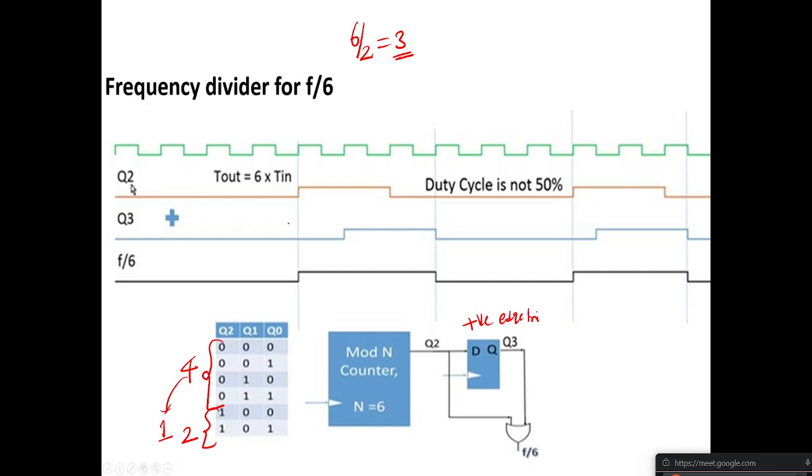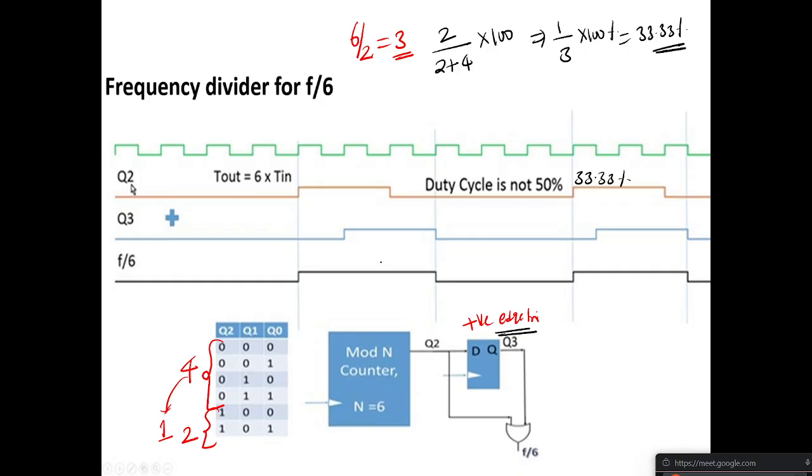So this waveform you can analyze, no? Normally what you are getting is on time 2 by 2 plus 4, into 100, so 2 by 6, which is 1 by 3 into 100%. So here also you are getting 33.33%. You are using a positive edge trigger D flip flop, and Q2 is not 50%; this is 33.33%.